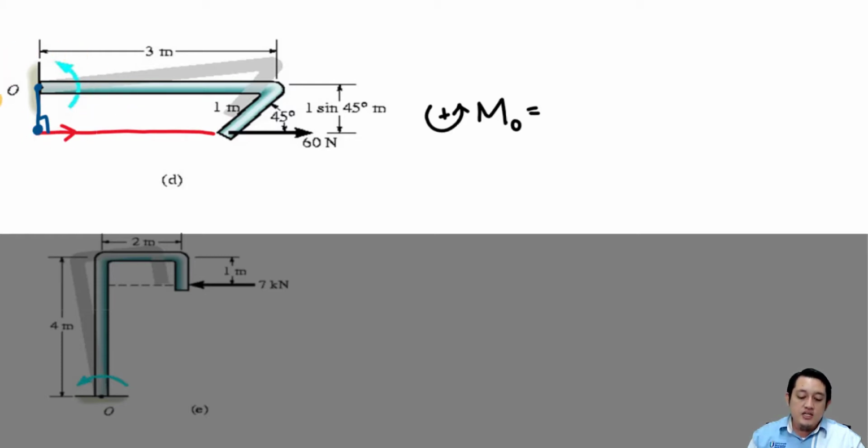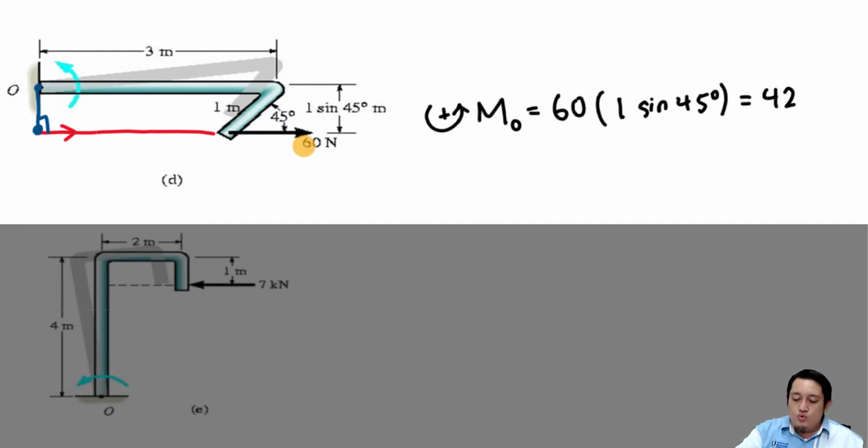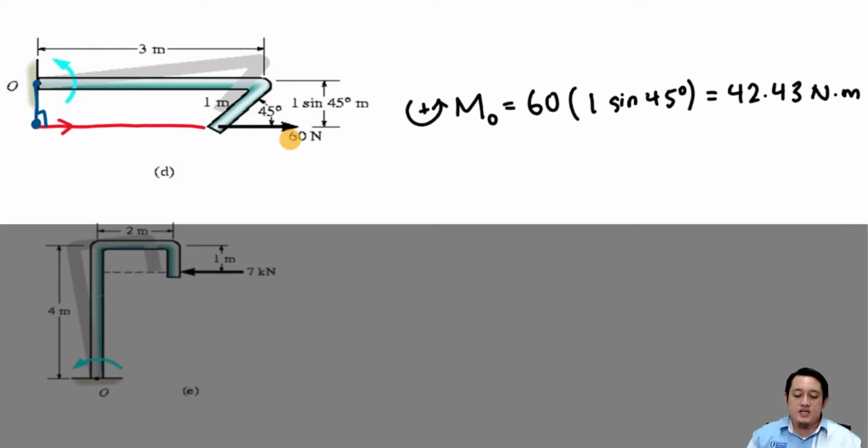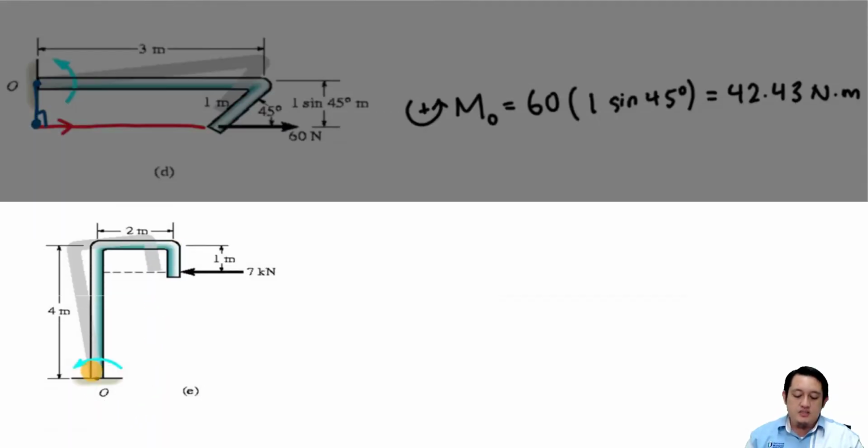So this rotation here is the counterclockwise rotation, same as our assumption here. Therefore this one will be positive again. Positive 60 Newton times the distance. The 90-degree distance is this one, which is 1 sine 45. So 1 sine 45. Therefore, the answer is 42.43 Newton meter.